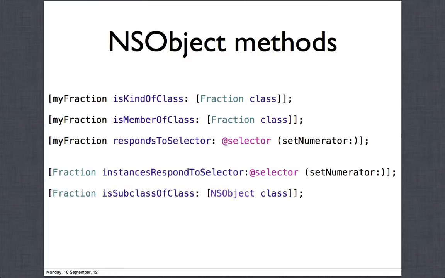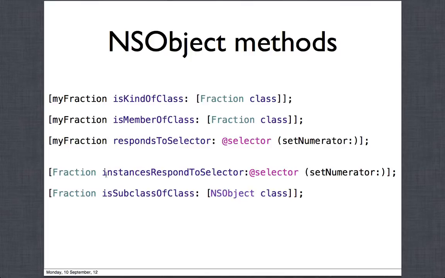You can also check if your objects respond to different selectors. So we had setNumerator, and we want to check if we actually have this thing in our object, if we can call it. And again, this function will return true or false and say if this object you're checking has this selector.